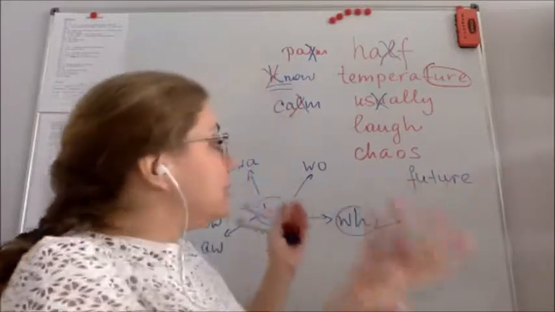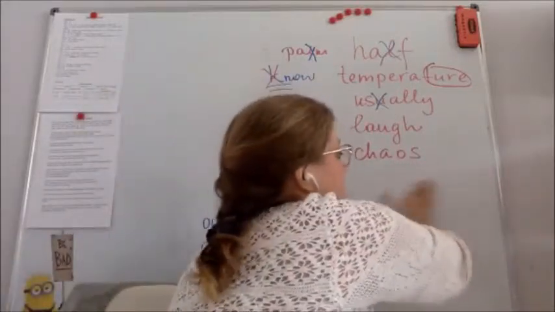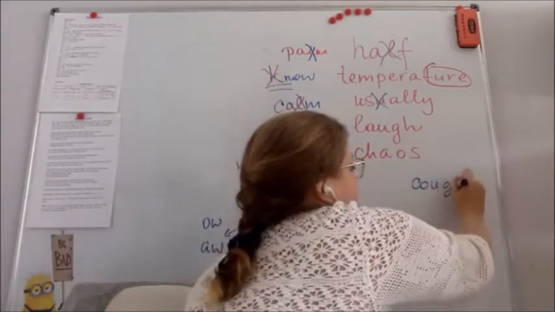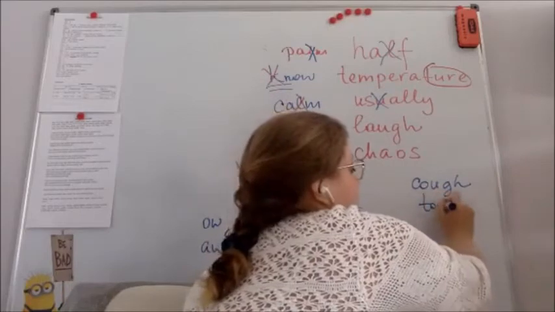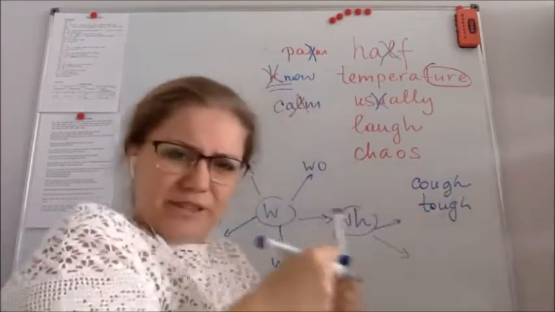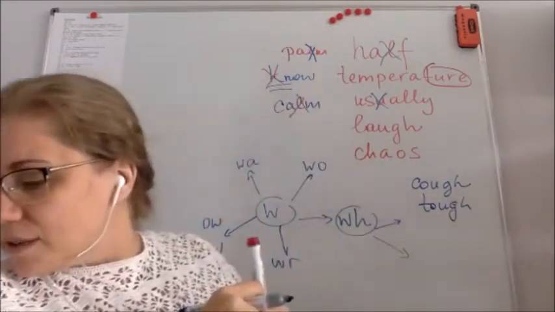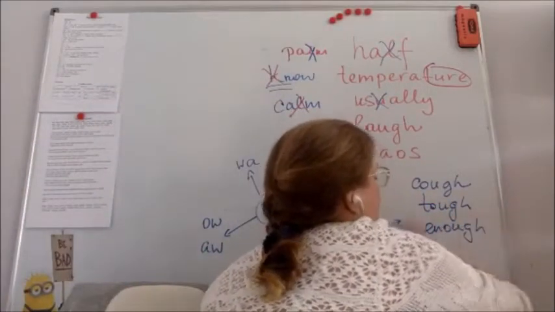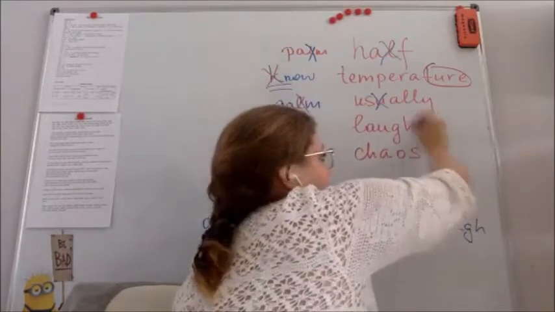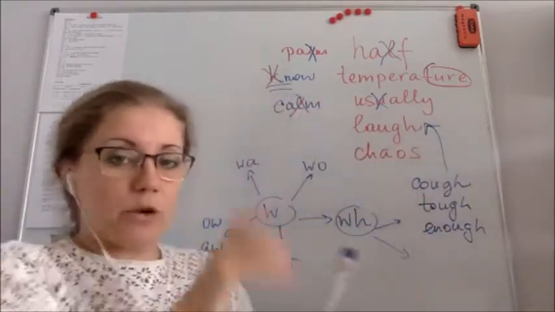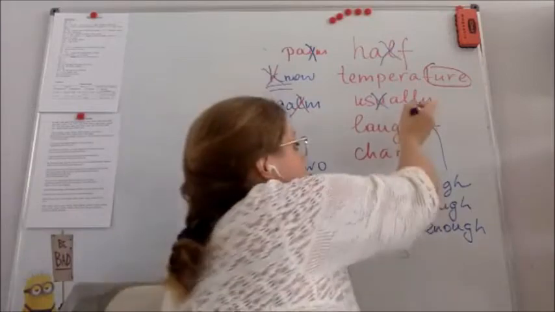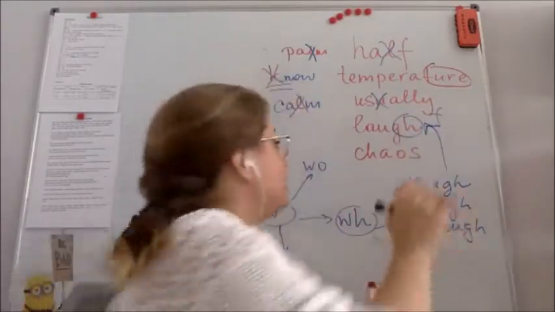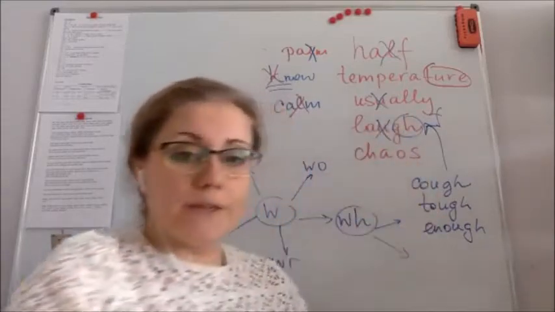So generally, just remember these words: cough, tough, like difficult, hard, something is tough, enough, and our favorite, laugh. And again, the first problem, GH, it's F without any variations, and this U is silent.